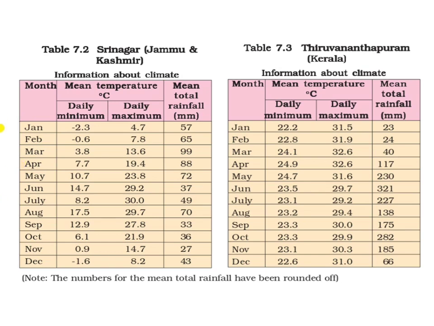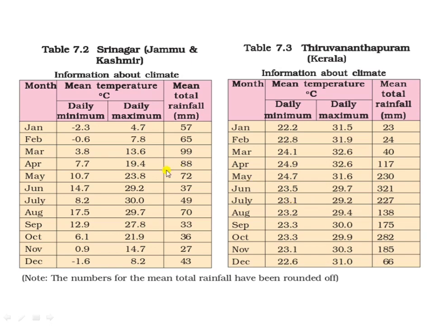Then the average of such temperatures over many years is calculated, and this gives the mean temperature. In the same way, we can find the mean temperature of Trivandrum: first average the temperatures recorded in a month, then average such temperatures over many years, and this gives the mean temperature.